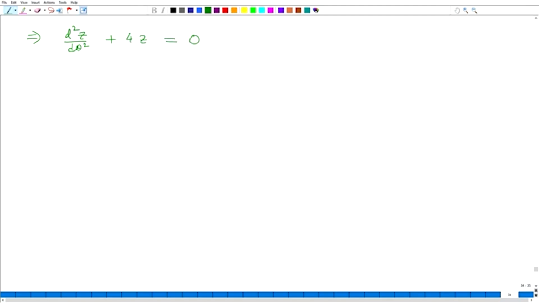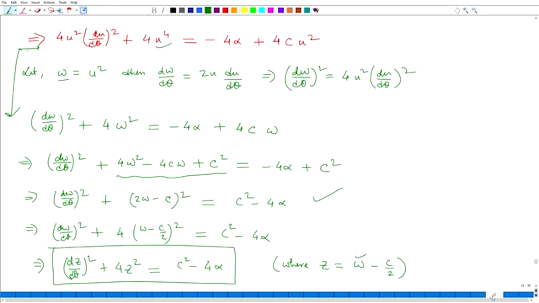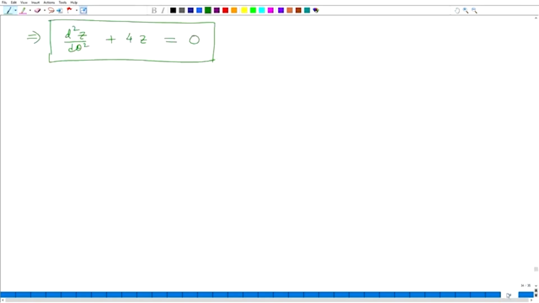If you simply do this, you will have this. Of course, to be very puristic, if you do d/dθ of this, there will be actually this thing times dz/dθ.